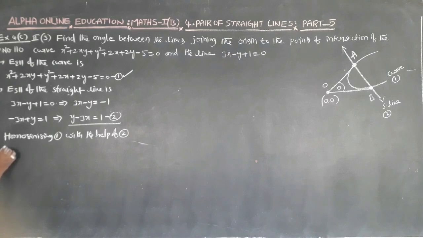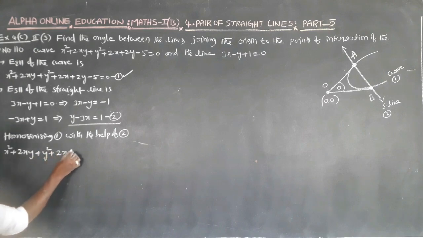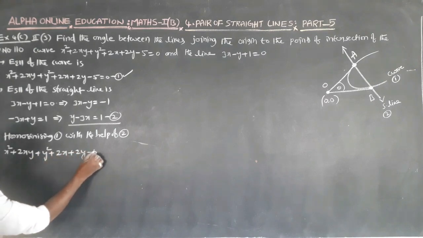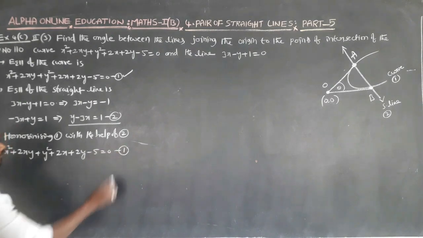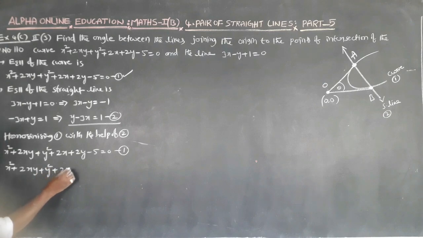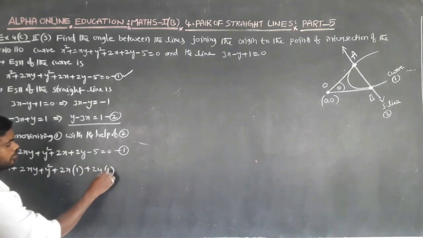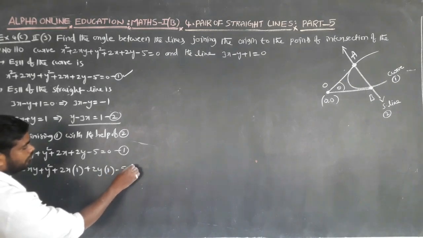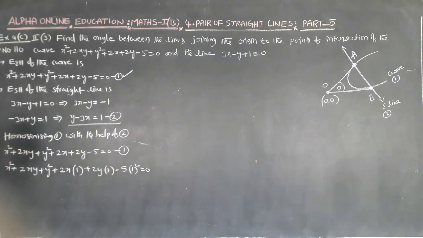Homogenizing the curve, which is x square plus 2xy plus y square plus 2x plus 2y minus 5 is equal to 0. Homogenizing the curve, x square write down same, xy write down same, y square term write down same, 2x into 1 no, plus 2y into 1 no, minus 5 into 1 square.